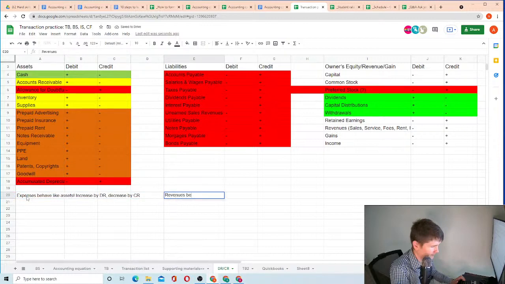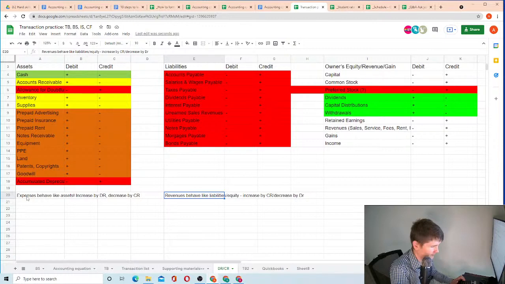Revenues behave like liability, equity. Increase by credit and decrease by debit. So you might try to remember that as a controversy.